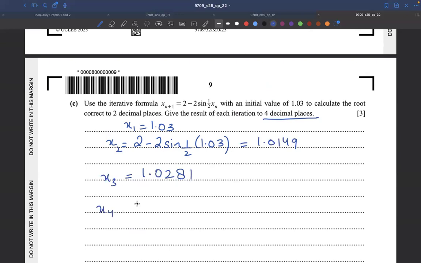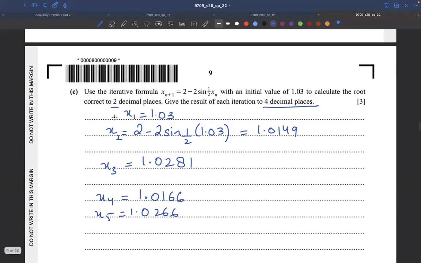And then substituting it back into the equation over here, we'll get 1.0166. Again, substituting it back, we are now getting 1.0266. And we have to make sure that we get our answer correct to two decimal places.